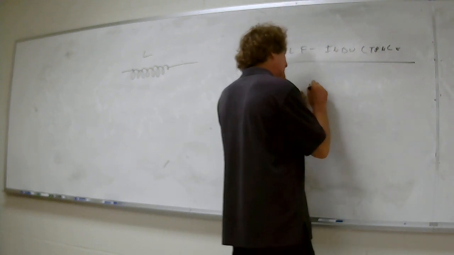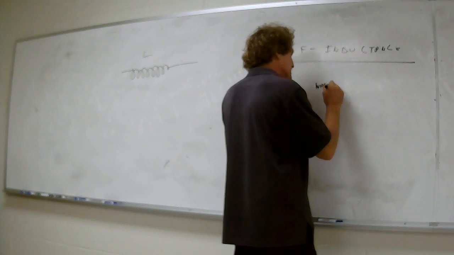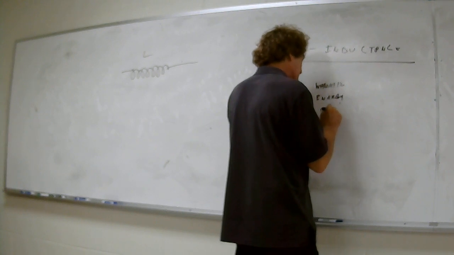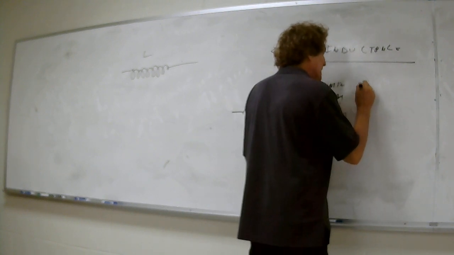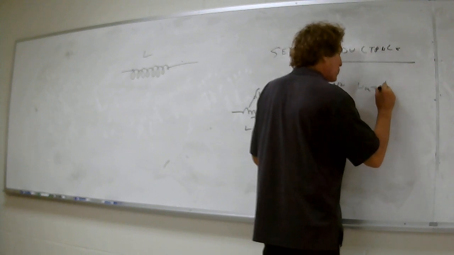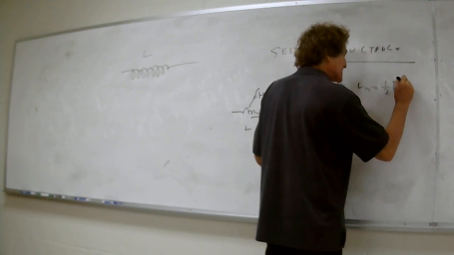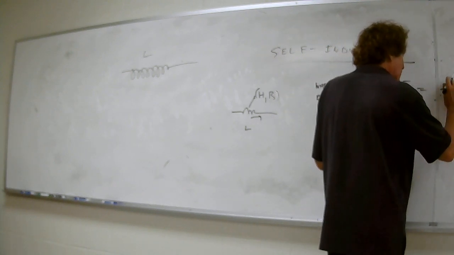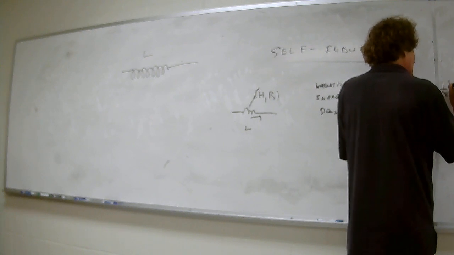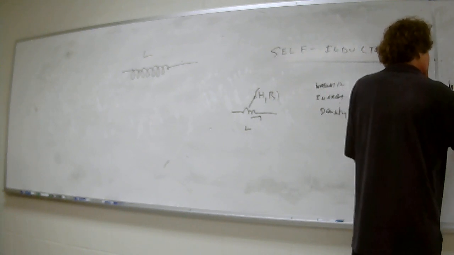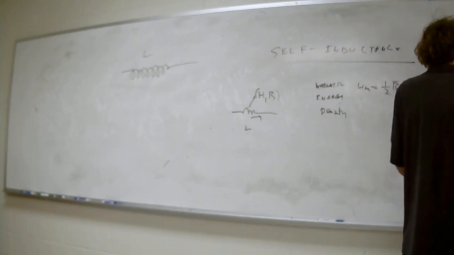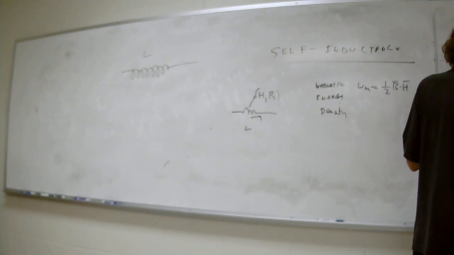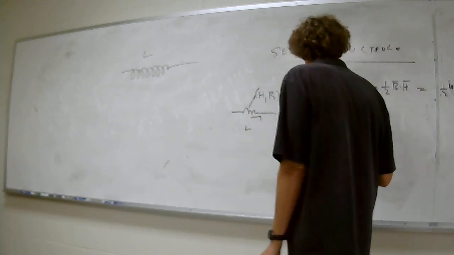The magnetic energy density is symbolized as W sub m, and it's equal to 1/2 B dot H, that's the technical definition. It's also equal to 1/2 mu times the magnitude of the H field squared, or it's equal to 1/2 the magnitude of the B field squared over mu. And this is going to be in joules per meter cubed. So that's the energy density.